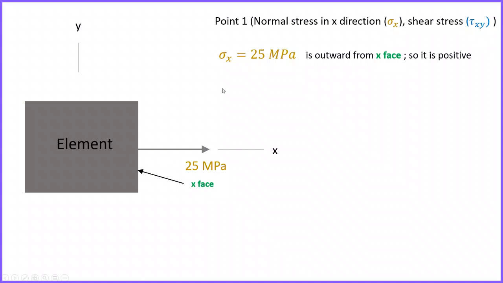That's why it is positive. If it goes inward, then we write this 25 as negative. Another way to understand positive or negative is to see whether it is tension or compression. If the normal stress is tension, then it should be signed as positive.